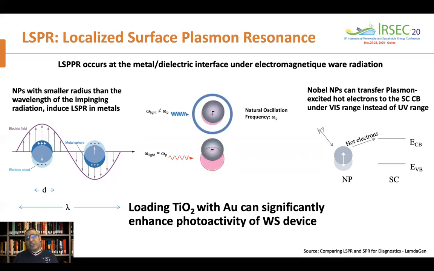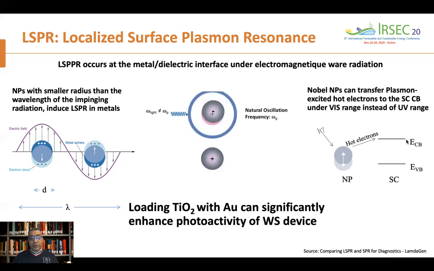So this oscillation will create the hot electron cloud here, and if it is put next to a dielectric like a semiconductor material, it will inject these hot electrons into the conduction band, making more charged electrons in this band, which is a site of reduction for hydrogen production.